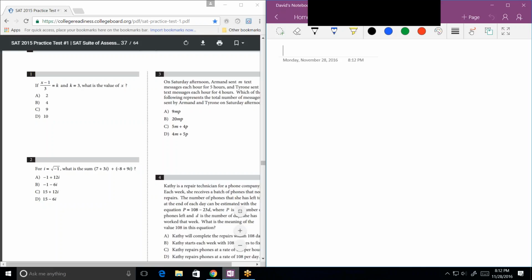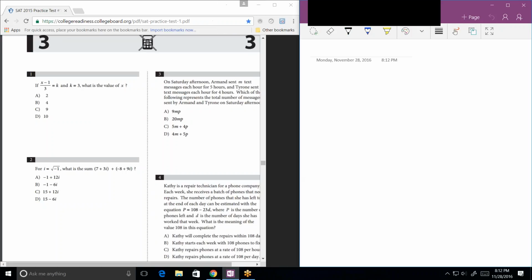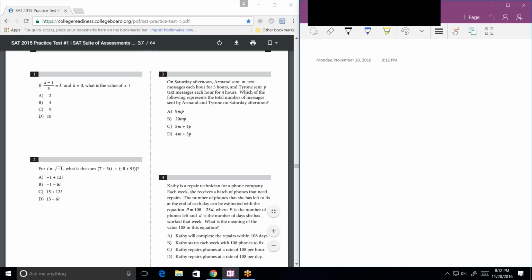Or no, because it says i squared is equal to negative 1. But the key part is that when you're adding or subtracting complex numbers, all you do is add the reals and then add the imaginary parts. So you did 7 minus 8, which gives you the minus 1, and then 3i plus 9i.